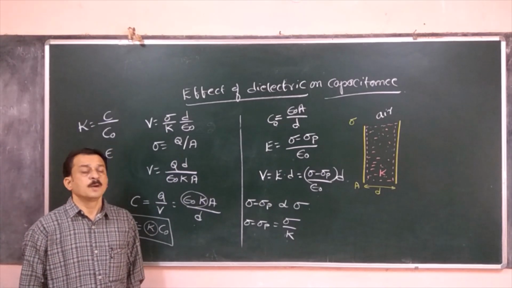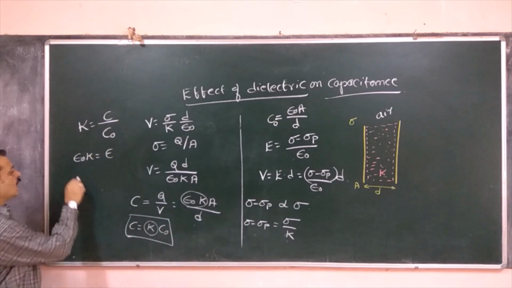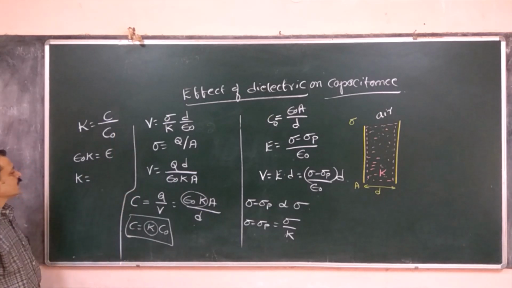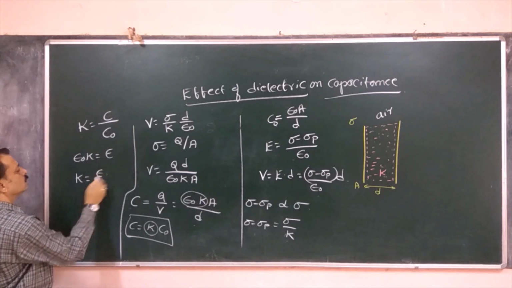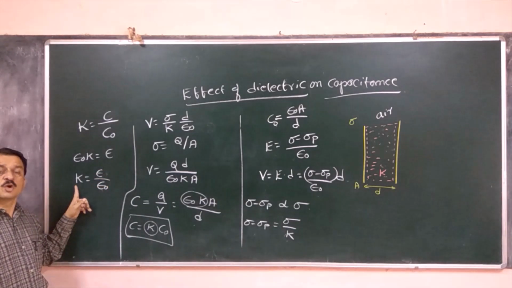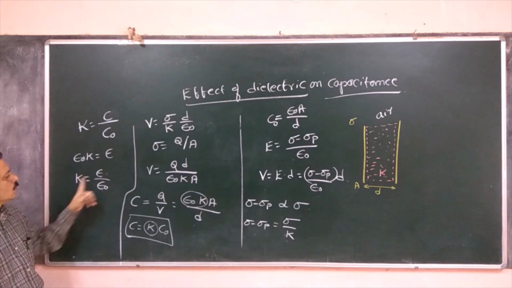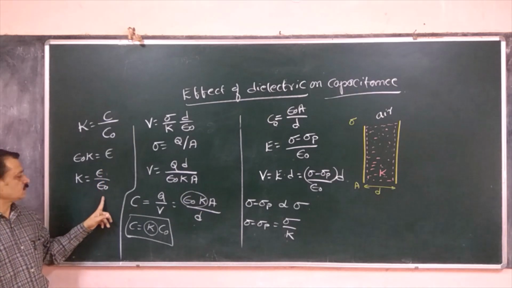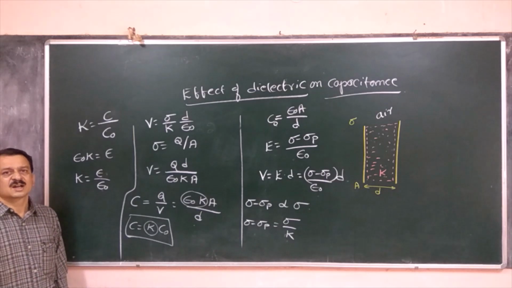That is called permittivity of the dielectric or the medium, so the dielectric constant K is equal to epsilon divided by epsilon naught. Here K is also called the relative permittivity of the medium, that is equal to epsilon divided by epsilon naught. So therefore K is the dielectric constant.